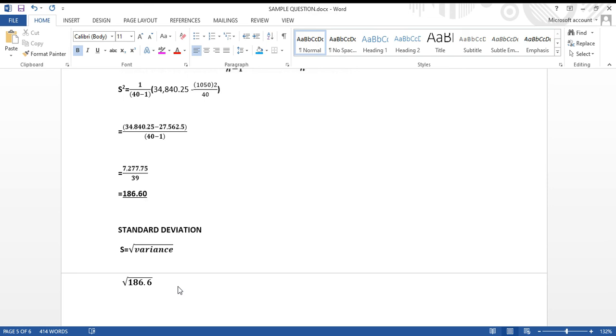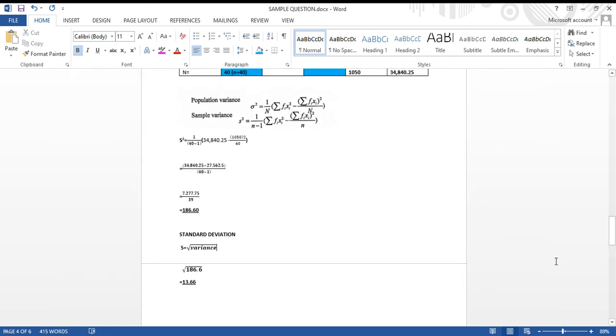That's 13.66. So that's how you find the variance and the standard deviation. Both of these are measures of dispersion.